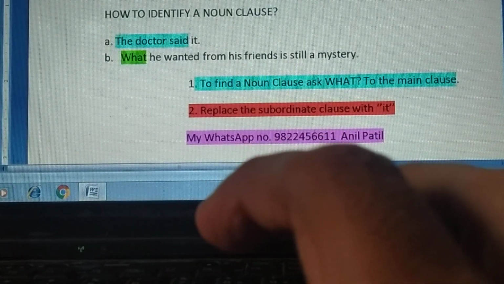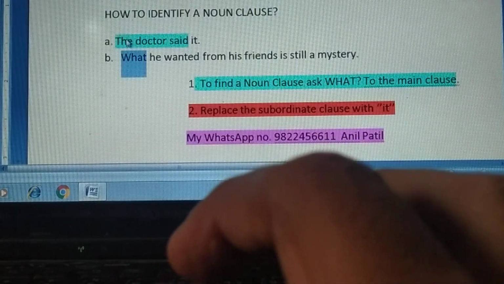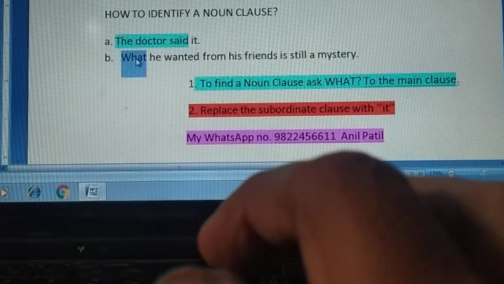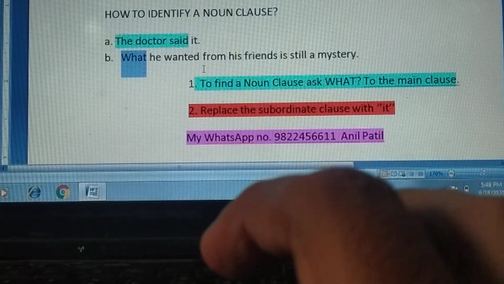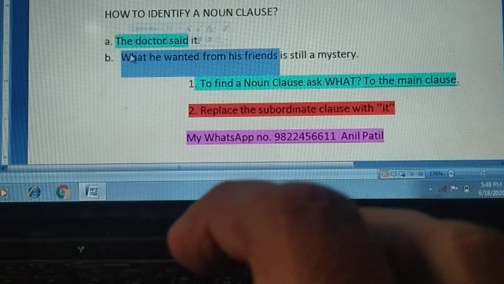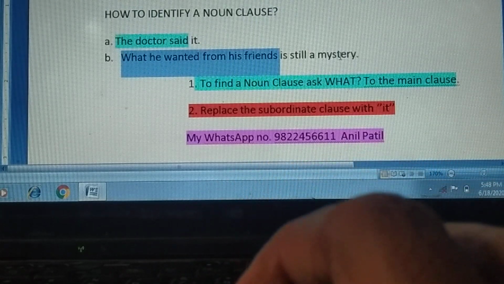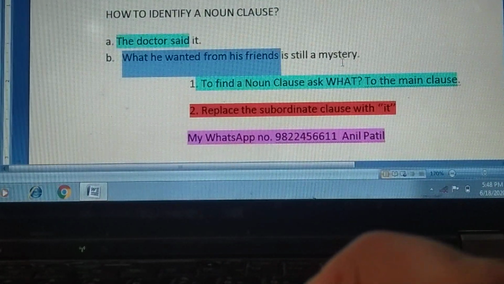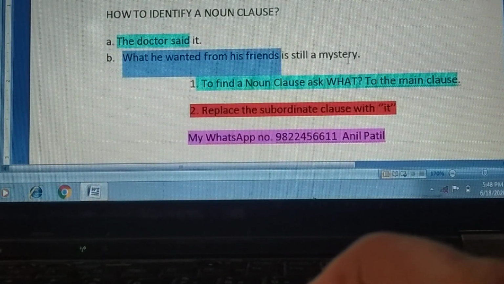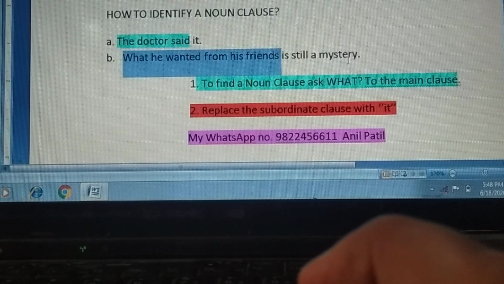Okay. So let's see: what he wanted from his friends is still a mystery. What he wanted from his friends is a subordinate clause. It's still a mystery is a main clause. Now some students ask me, sir, you say that subordinate clause should be meaningful in itself.